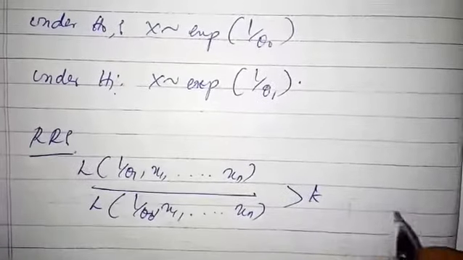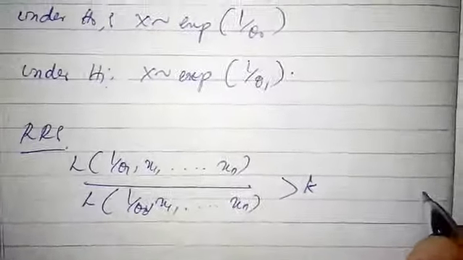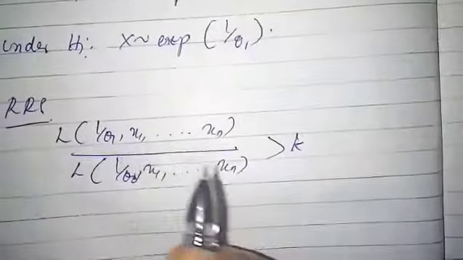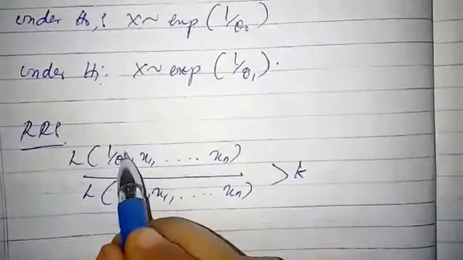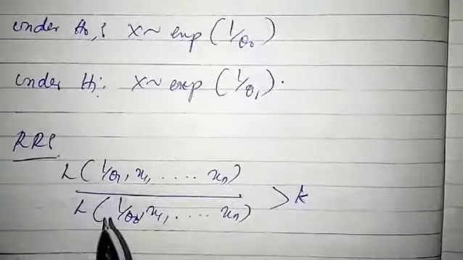So we reject H0 for the large ratio. What is the likelihood under theta naught and theta 1?